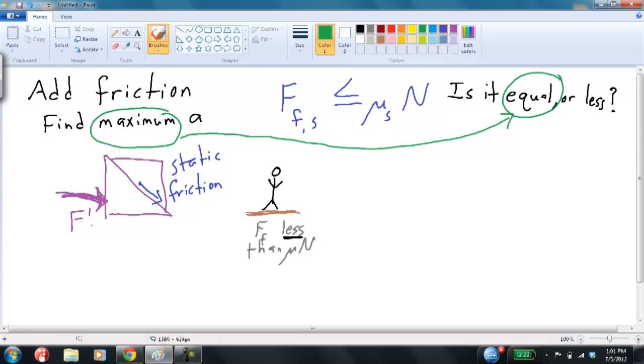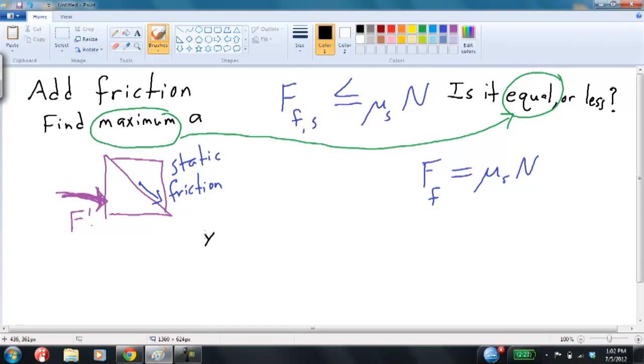So, okay, we can say here F equals the static coefficient of friction times the normal force, and it's operating in that direction. Now there's going to be a component of force in both of these equations.